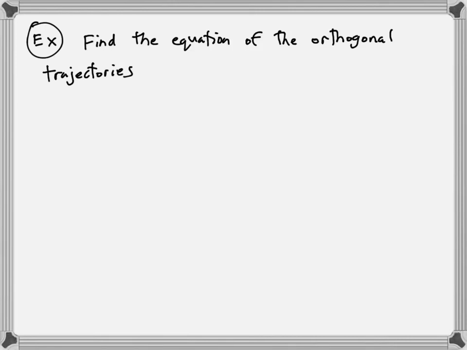So let's find the equation of the orthogonal trajectories to the family. The family is x squared plus y squared minus 2cx is equal to 0.